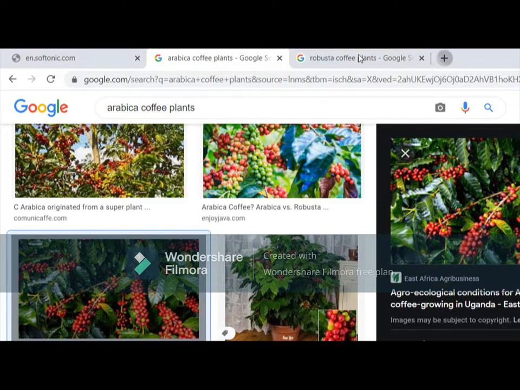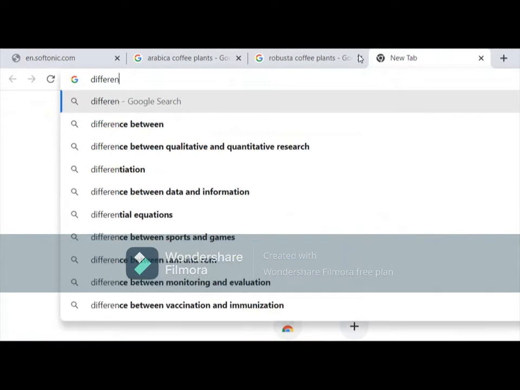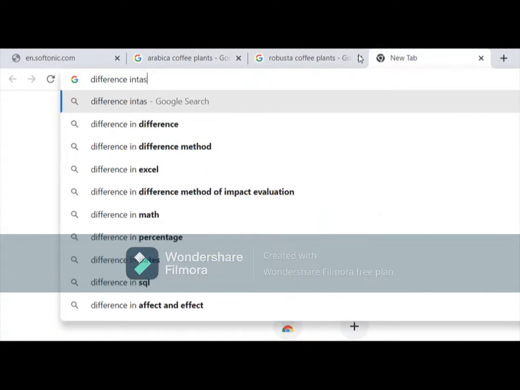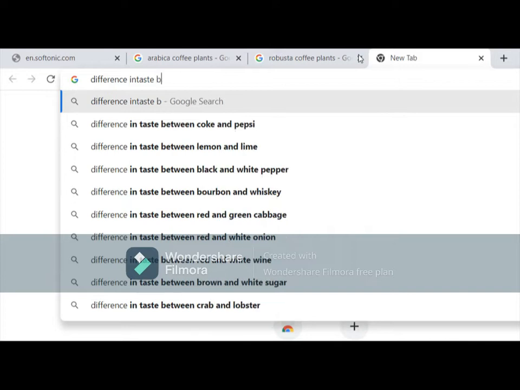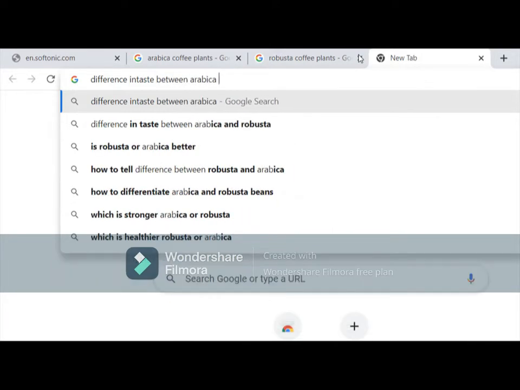Let's talk about the taste. Difference in taste between Arabica and Robusta.